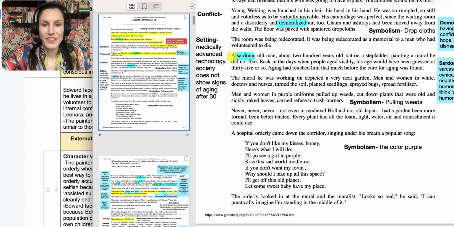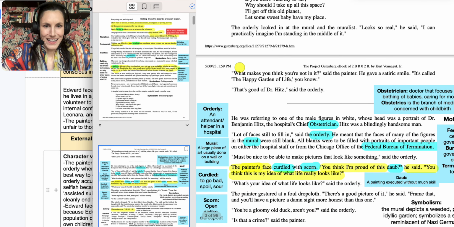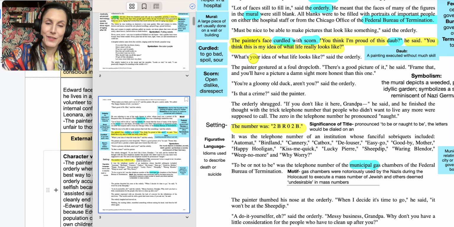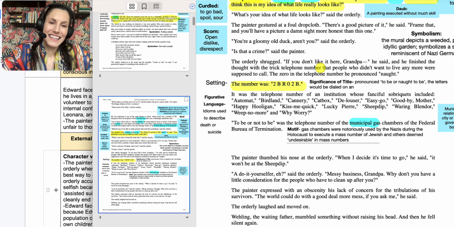When the orderly comes over and starts kind of instigating him, the orderly says, "Lots of faces to fill in. Must be nice to be able to make pictures that look like something." That's the orderly complimenting him, right? So then the painter says, "You think I'm proud of this daub. You think this is what life really looks like." They kind of get an argument here.